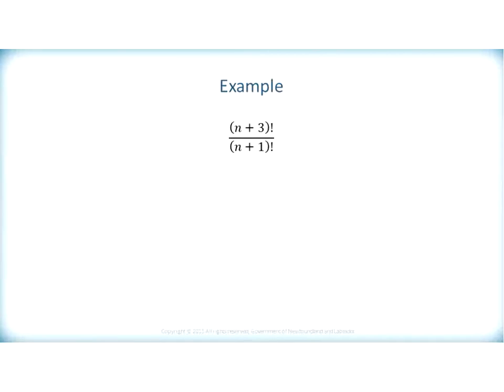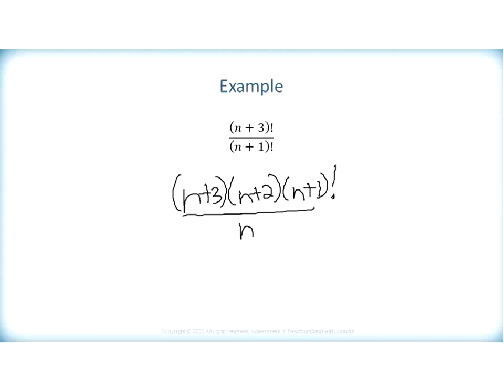Let's look at another example. You have n plus 3, n plus 2, n plus 1 factorial, all over n plus 1 factorial.